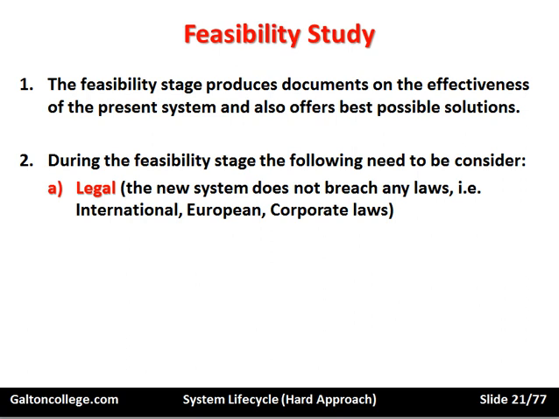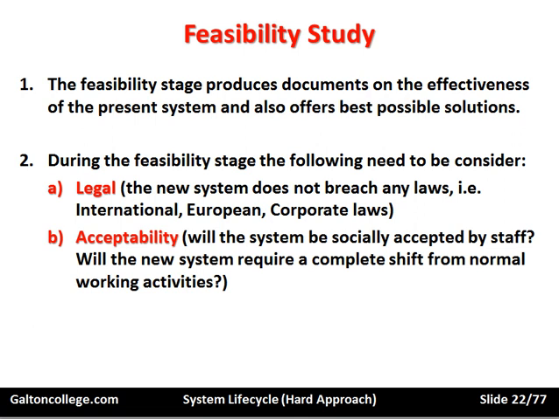That's important to note. Next, it's the acceptability of the system. Will the system be socially accepted by staff? Will the new system require a complete shift from normal working activities? So looking at a new system, the feelings and the attitudes of the workers, the people who do the job, must be factored in.